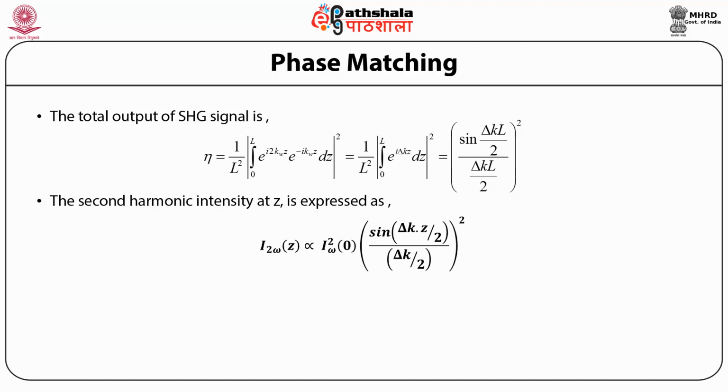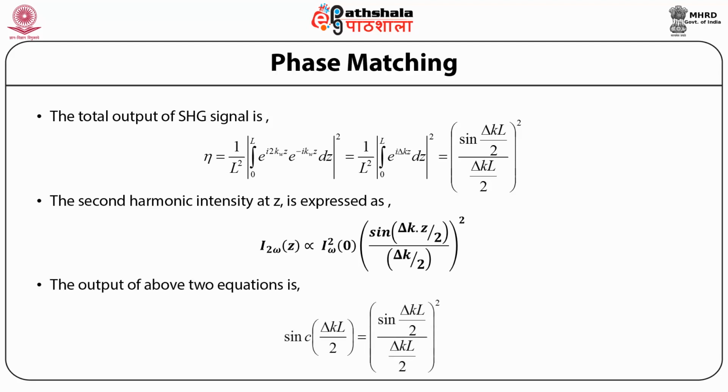So, the maximum intensity is achieved for identical phases. This function has a maximum for delta k times z equal to 0 and 0 for delta k times z is equal to 2n pi, indicating that the condition for most efficient SHG is delta k is equal to 0 and is termed as phase matching.